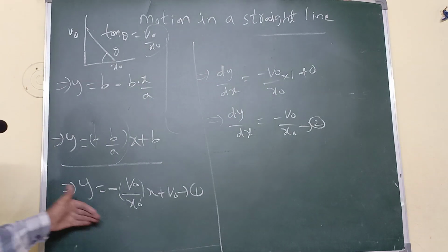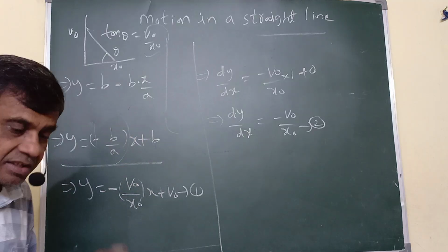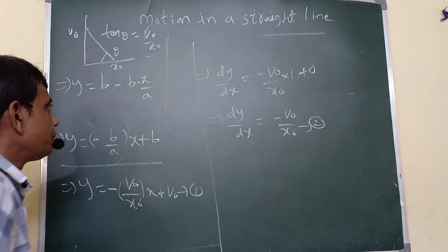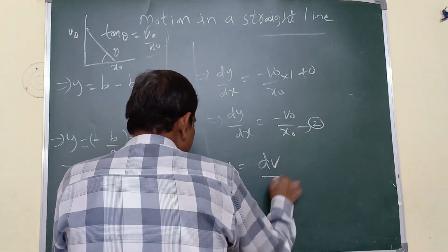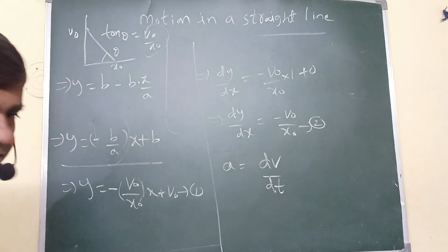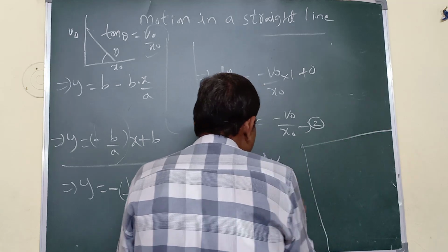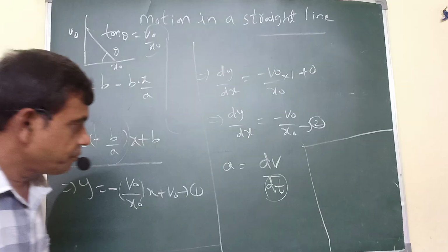Okay, I have got y, I have got dy by dx. So depending upon these two equations, I am taking one formula for acceleration. What is the formula for acceleration generally? dv by dt. Rate of change of velocity is called acceleration. Here dt means change in time.